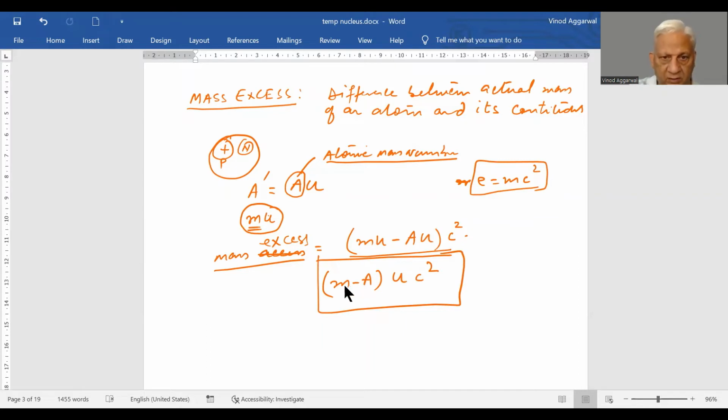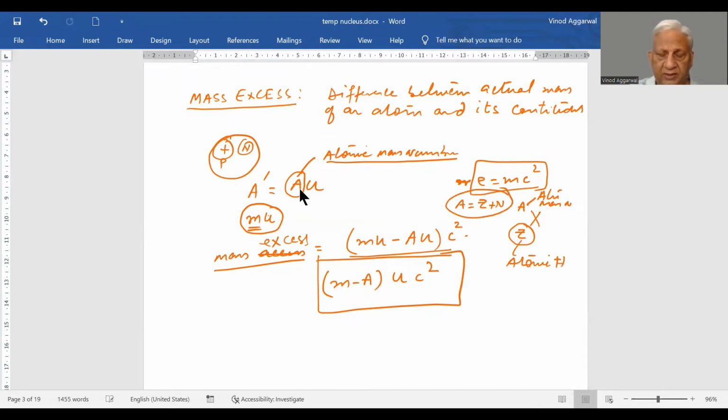so you see, the difference is coming because this is the actual mass in terms of AMUs, and this is the mass as calculated by our mass number. Remember, when we write X, Z, A, this is the atomic number. This is the atomic mass number, which is nothing but A is equal to Z plus number of neutrons.